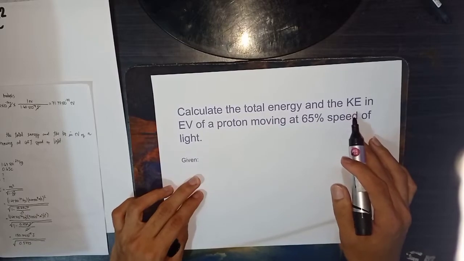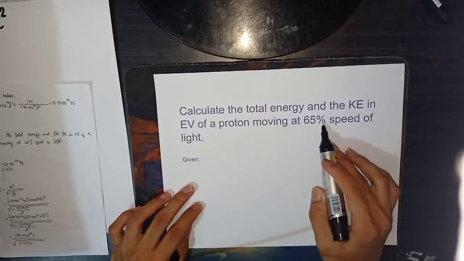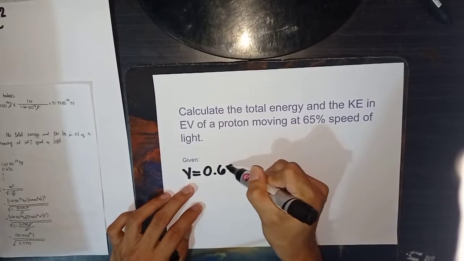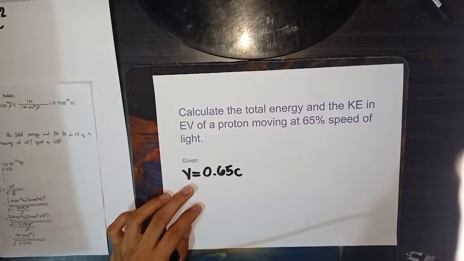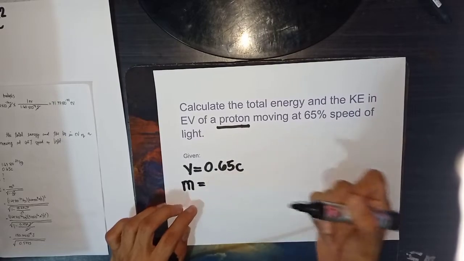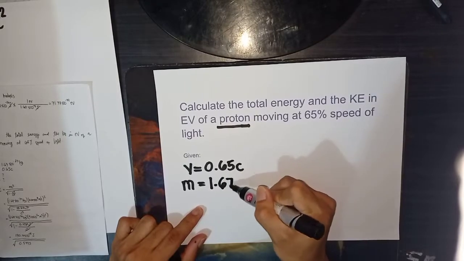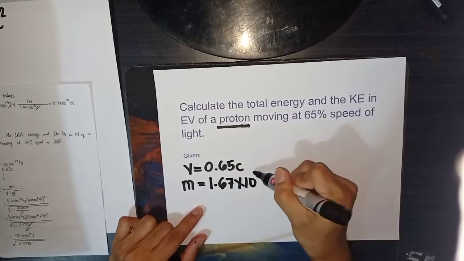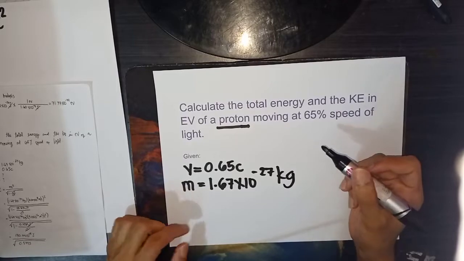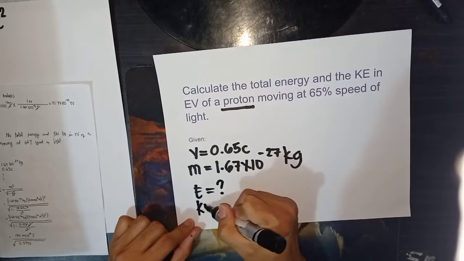The velocity is 0.65c. And for a proton, we all know the mass of a proton is equivalent to 1.67 times 10 raised to the power of negative 27 kilogram. So let's find the relativistic energy and its kinetic energy.